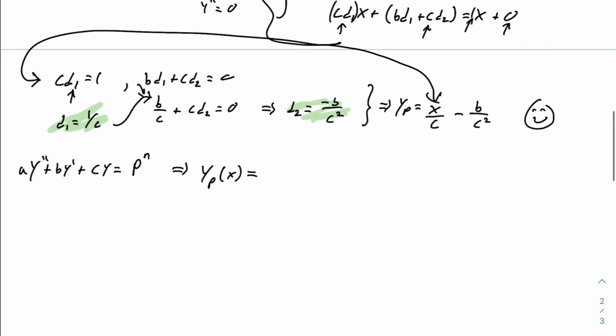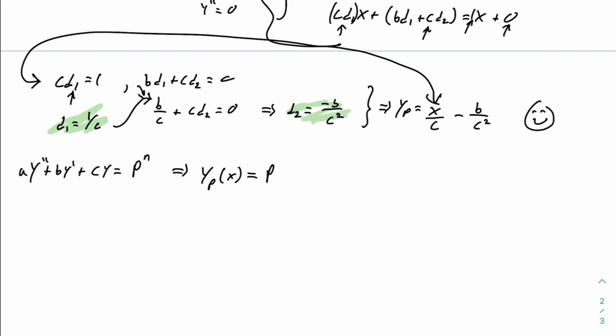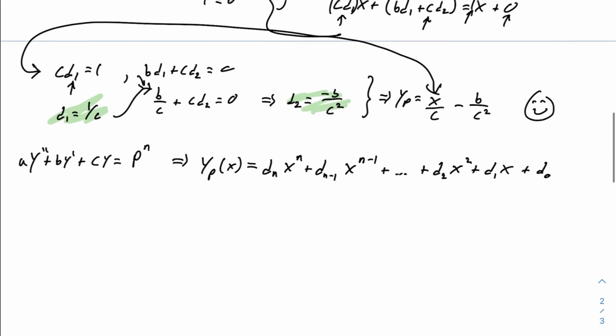Okay, so it's going to be, let's see, I'll call it, dn x^n plus dn minus 1 x^(n minus 1) plus dot dot all the way down to d2 x squared plus d1 x plus d0.